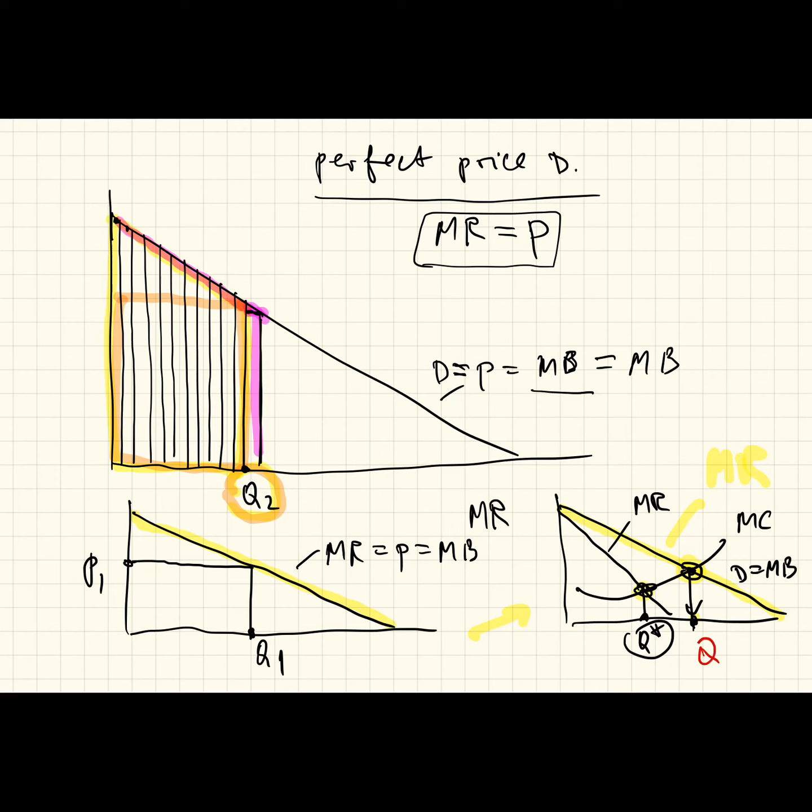Very good. So that's the good thing about perfect price discrimination. Even though, as I mentioned in class, the downturn of this for consumers is that in such a case, the entire consumer surplus will be absorbed by the company.